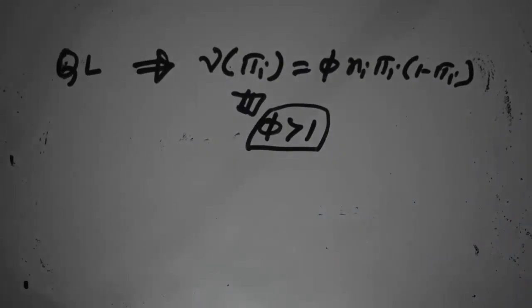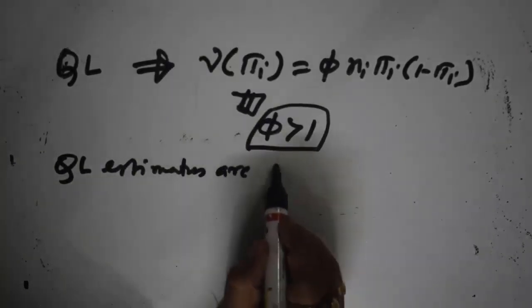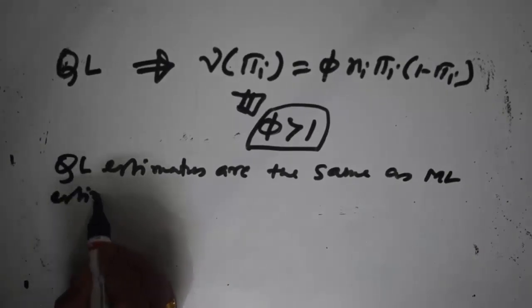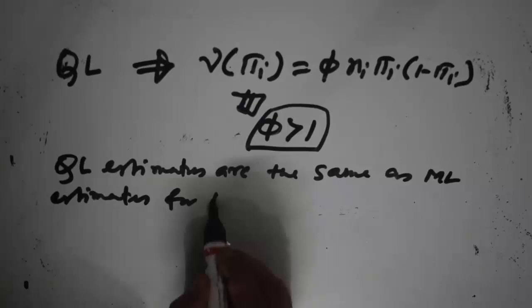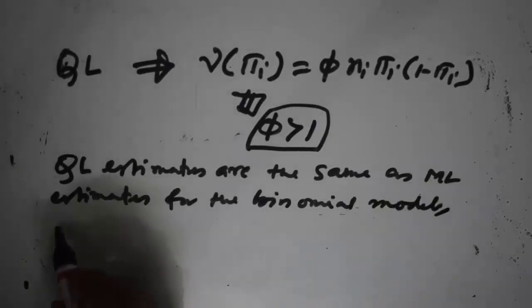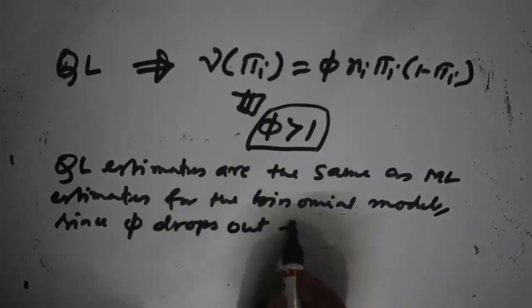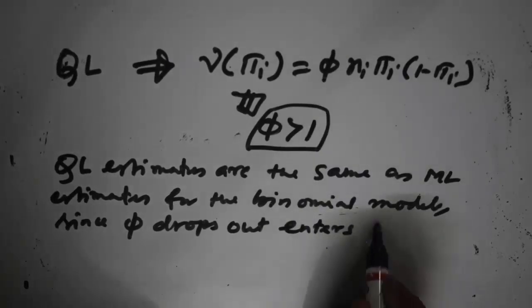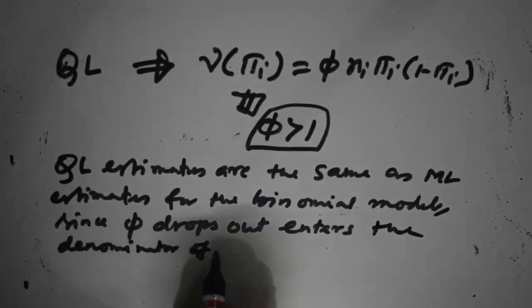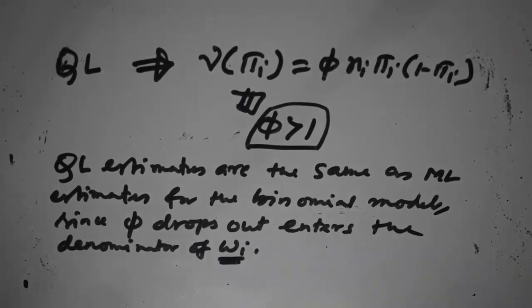Then the quasi-likelihood estimates are the same as the ML estimates for the binomial model, since phi drops out, as it enters the denominator of Wi, the ith diagonal element of capital W.